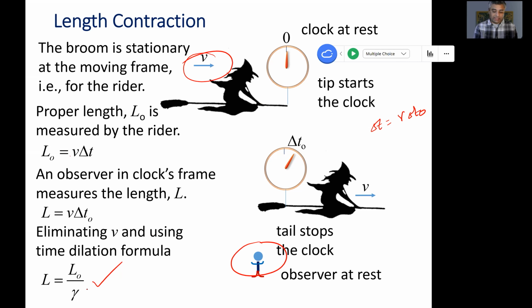So in this case, gamma, remember gamma is always, what happens? 1 or larger. The value of gamma is always 1 or larger. So when v is 0, it's 1.